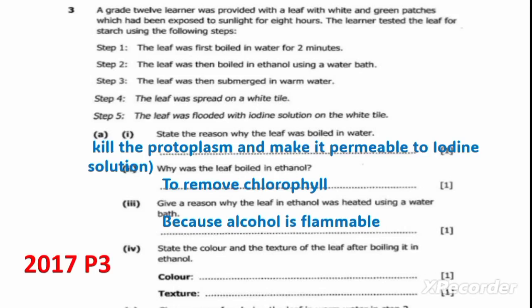State the color and the texture of the leaf after boiling it in ethanol. So the color will change to white. Then texture, after boiling the leaf in alcohol, the leaf became brittle or hard. So we are going to say the texture is brittle or hard.